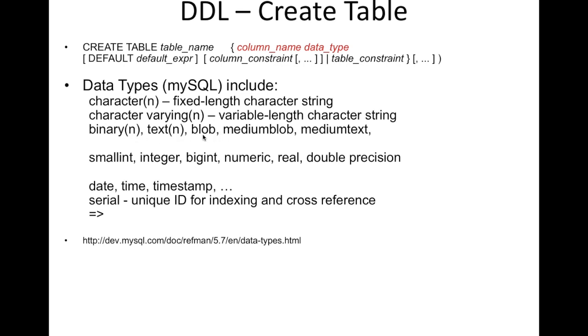We have binary objects, which we usually use for audio and video. And you have medium binary object, medium text, small integer, big integer, numeric. You can have date, time, and timestamp. You have the serial data type as well. So you can check those data types if you want more on the following link of MySQL.